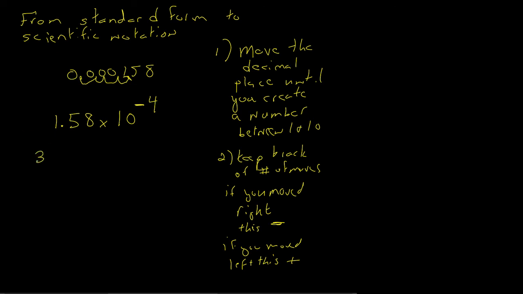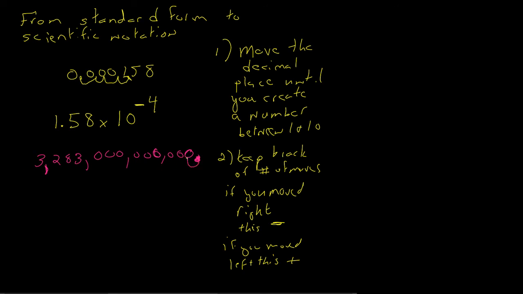Let's go the other way. Oops, I'm going to change color again. Do that bright pink I haven't been using for a while. That's a comma, sorry. I have a really big number, and my decimal place is here, right? It's where it would be on the number line. I need to make this a number between 1 and 10. So I'm going to move my decimal place over to here so that I get a 3.283.